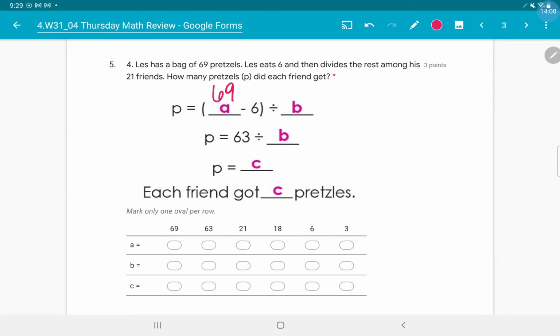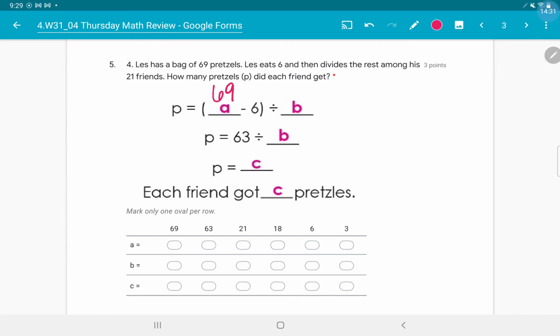What's around A and 6 to tell me that I need to take care of that first? What are those? Parentheses? Yeah, those parentheses tell us that we need to do that first.